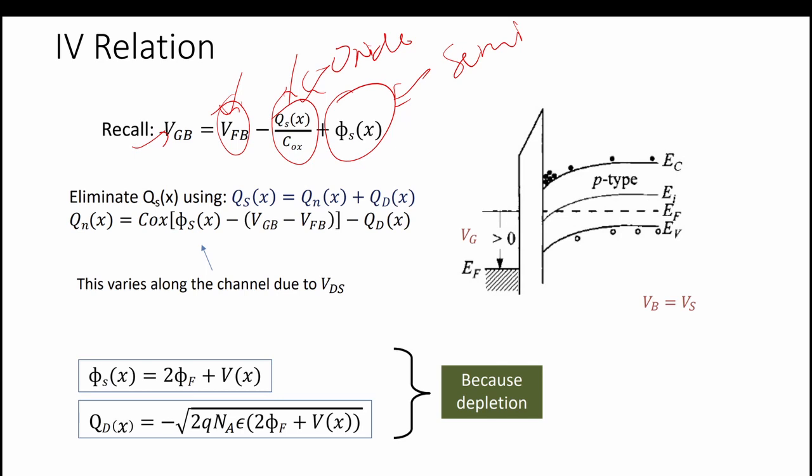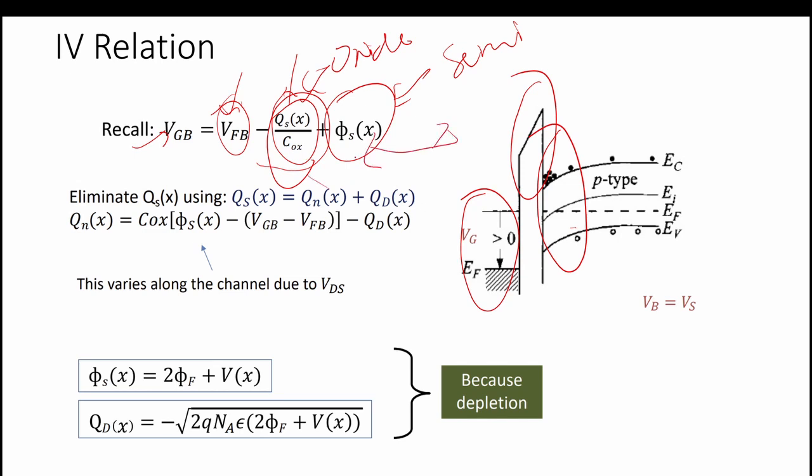This is because of the Fermi level mismatch between the metal and the semiconductor. The total voltage that we apply at the gate is the sum of these.